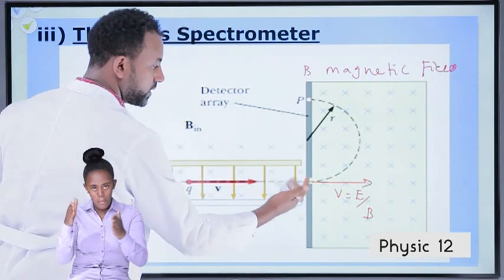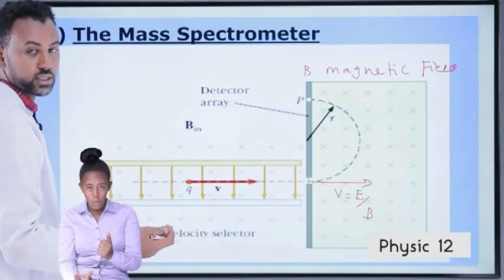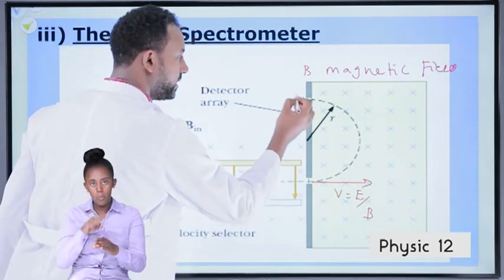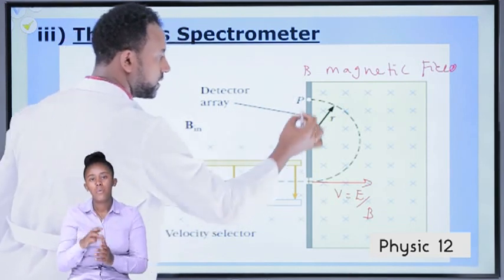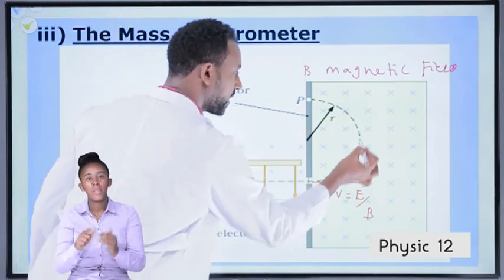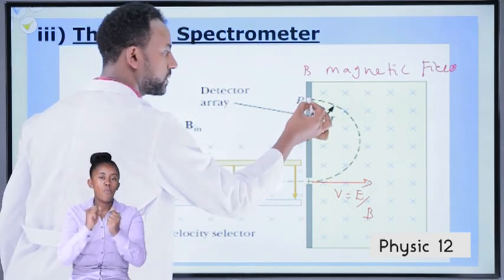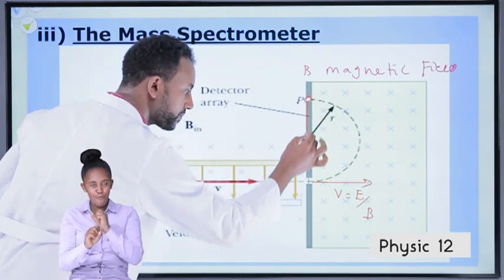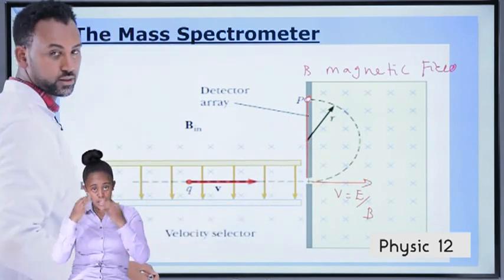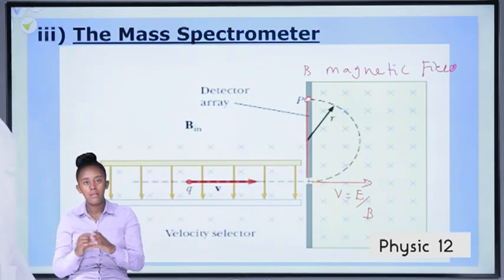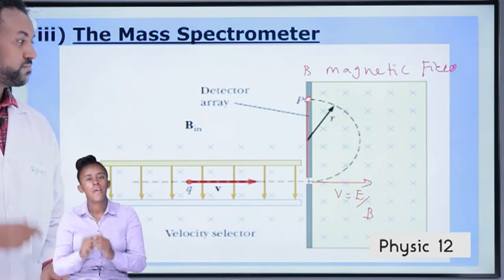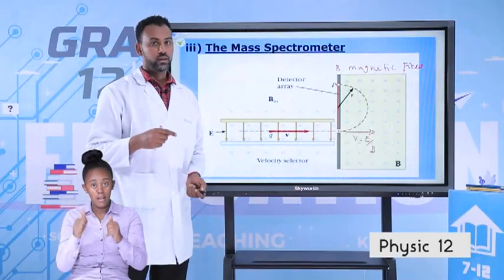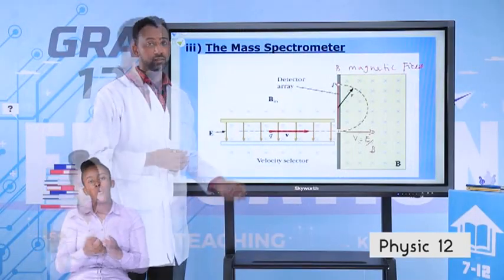In this case, we just see only a half or semicircular path. And here we have a detector. As this charged particle moves, it kicks the detector, and here we can determine the diameter or the radius r. So we have a very nice mathematical expression to determine the mass of different isotopes.